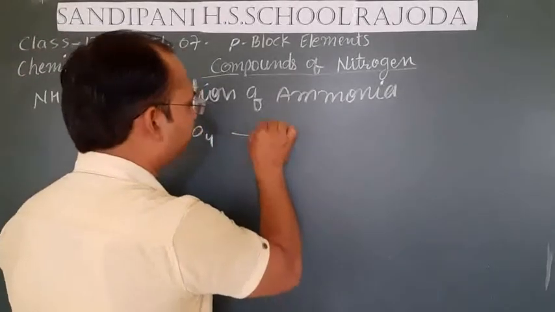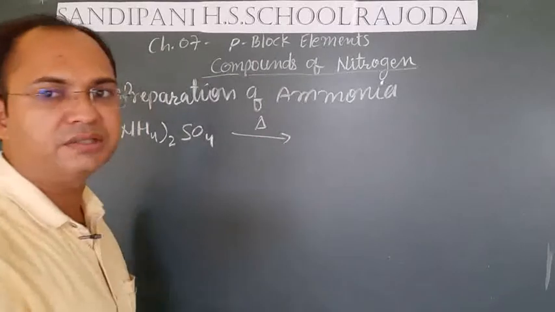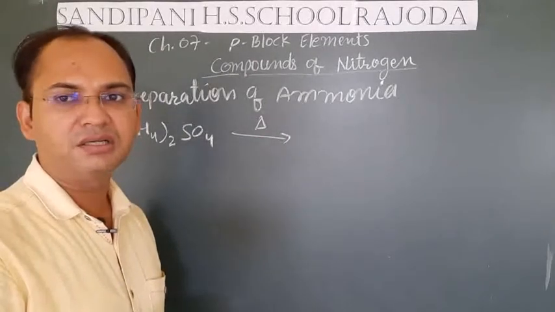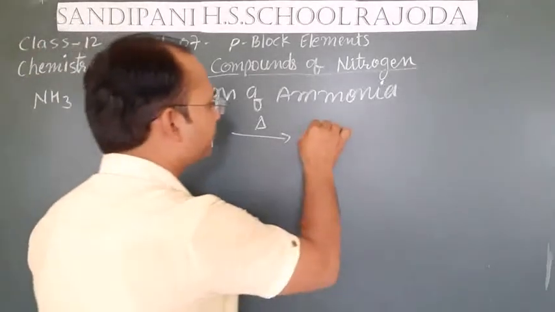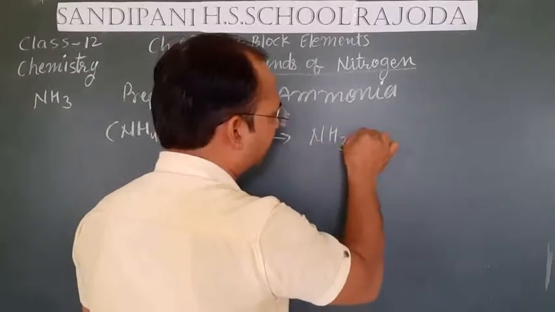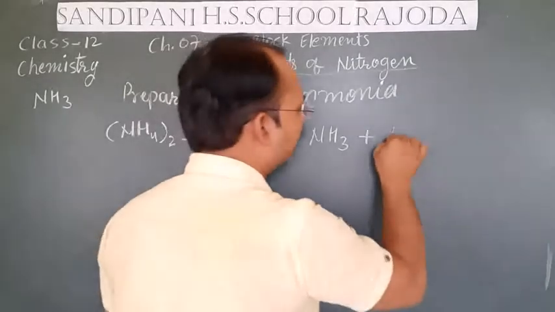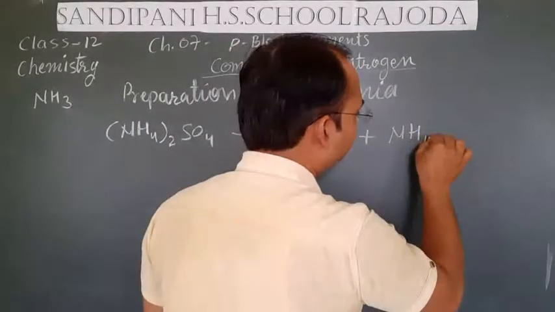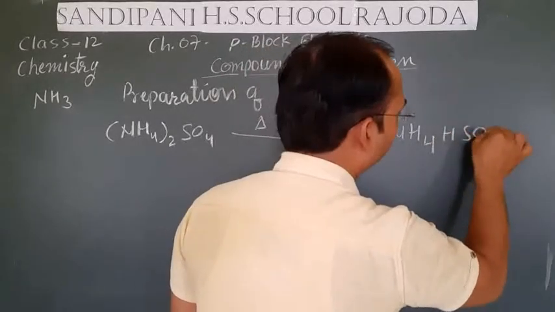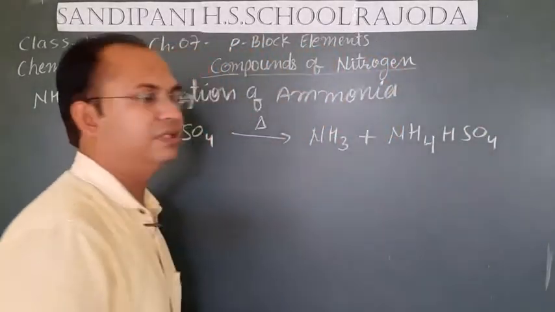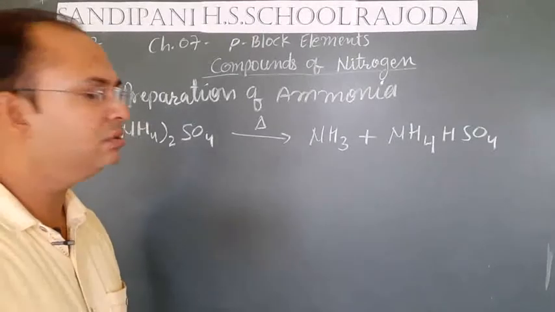Whenever, students, we heat this ammonium sulfate, then ammonia and ammonium hydrogen sulfate are formed. Ammonia, that is NH3, and NH4HSO4, ammonium hydrogen sulfate. This is the product.